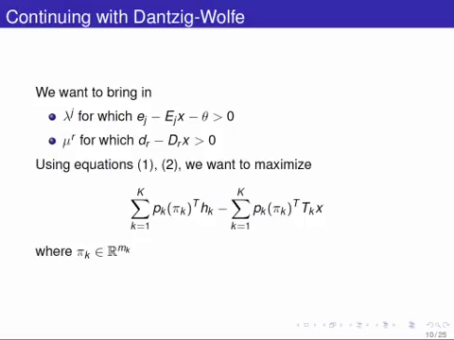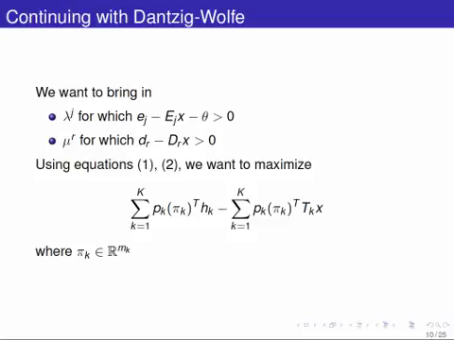Now, in the Dantzig-Wolfe algorithm, what we would do is we would solve the master problem. We would get a bunch of lambdas and mu's, and we would then ask ourselves, okay, are there any non-basic variables that I need to bring in?